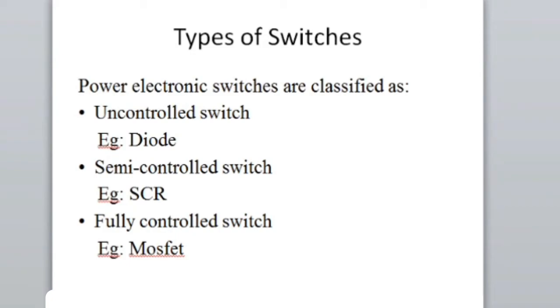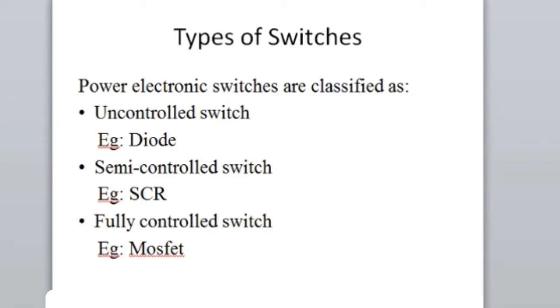If I give the base current, this BJT will turn on. If I stop the base current, the BJT will turn off. Means who is controlling the switch? Between the load and supply I connected a BJT, with collector and emitter, but there is a third terminal, the base. This is the controlling point.